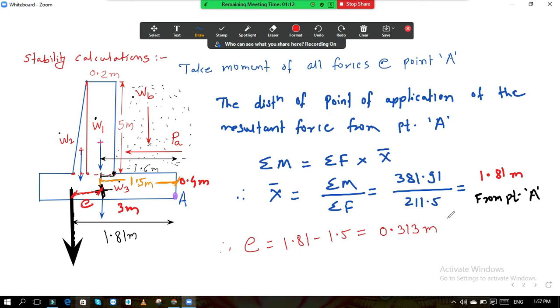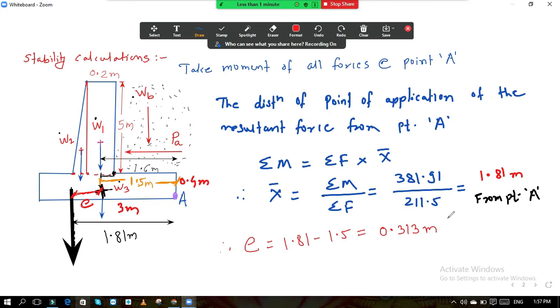Eccentricity should be less than b by 6. Okay. So you have studied this concept of kern of the section. When there is a uniaxial or biaxial condition, or the loading is eccentric about the x-axis as well as about the y-axis, there is one zone called the no tension zone, that is called the kern of the section.